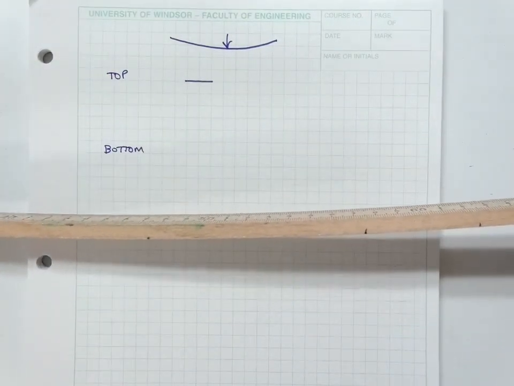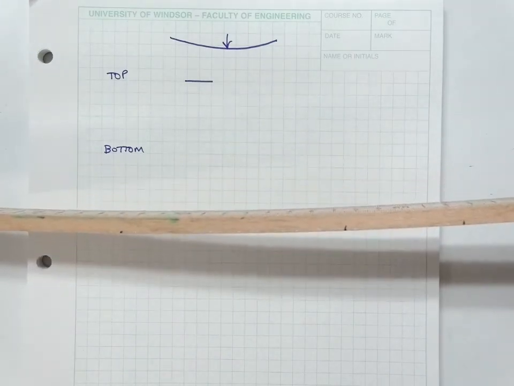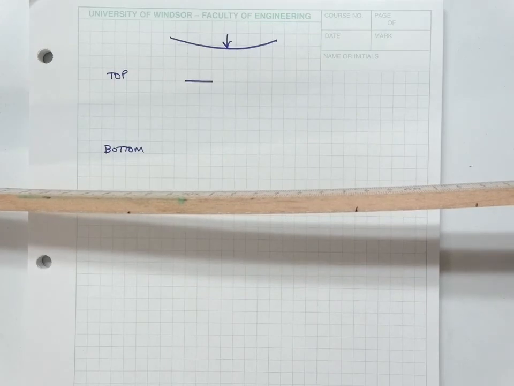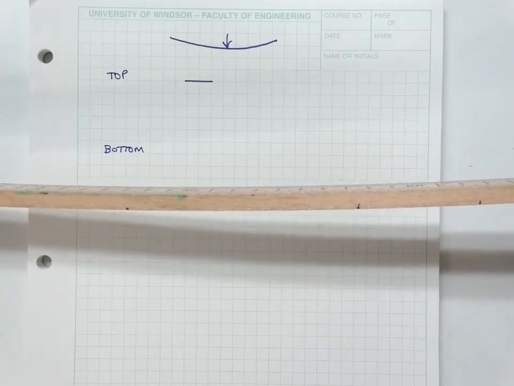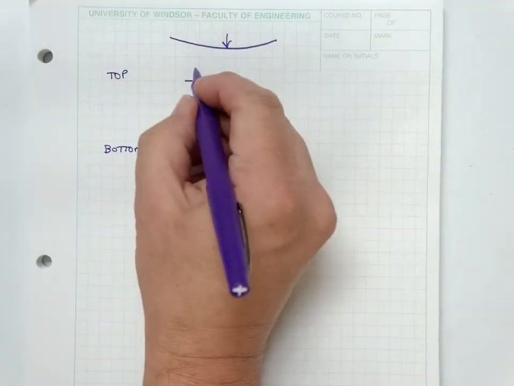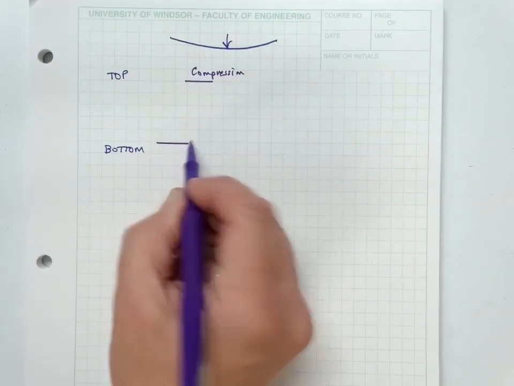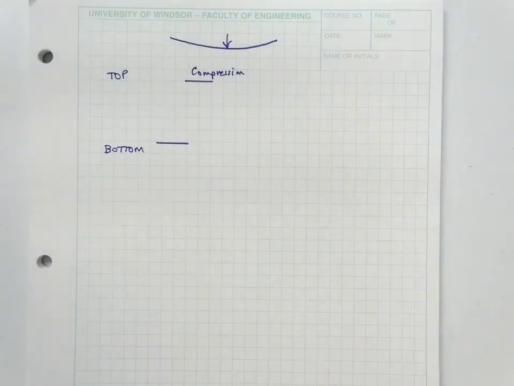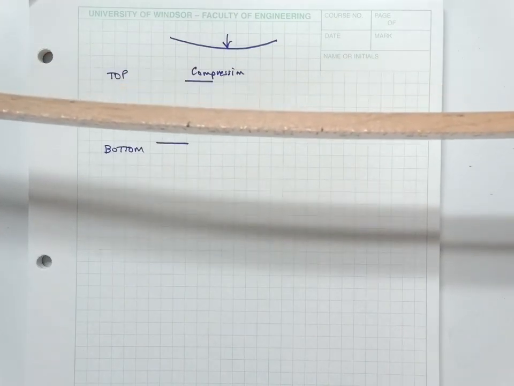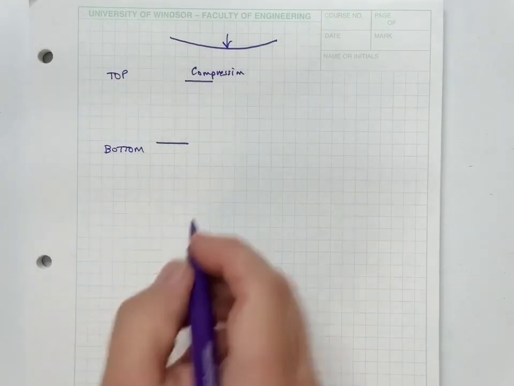What kind of stress is the top of that beam in? Is it squeezing or pulling? What's that? It's in compression, right? So the top is in compression. How about at the bottom? What's it doing at the bottom of the beam? Stretching or squeezing? Stretching, right? What do we call that force? Tension.